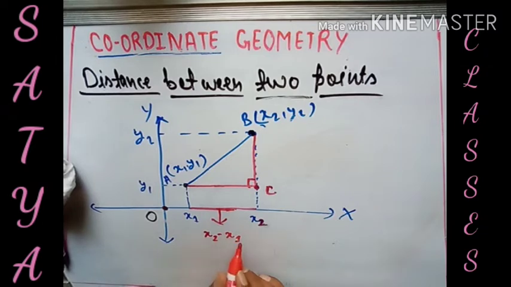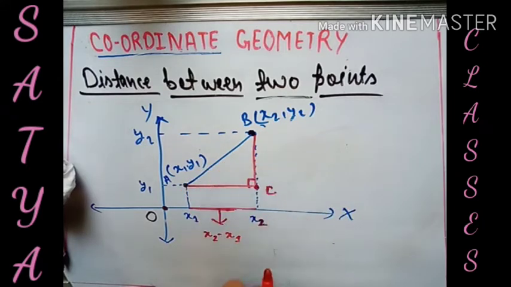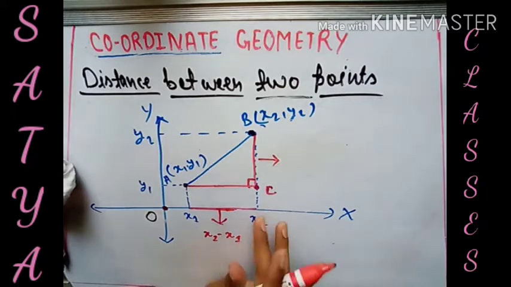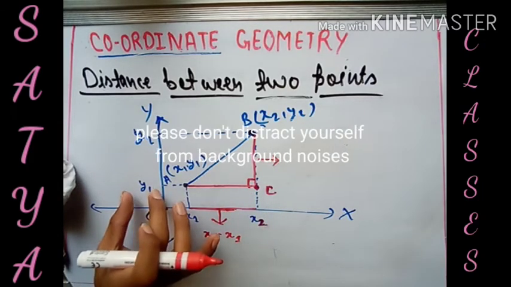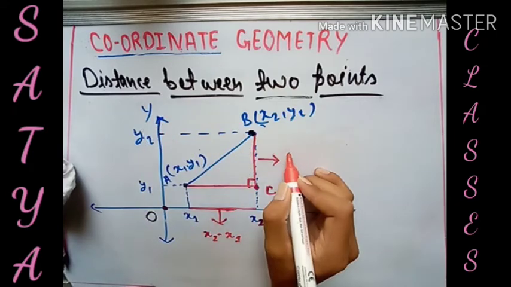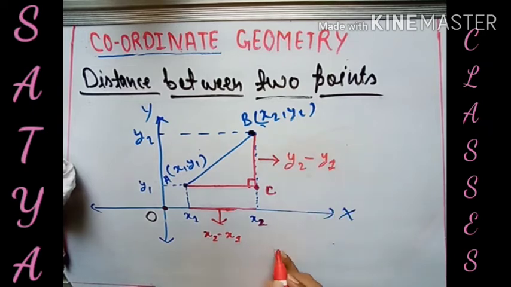This is so easy. I told just 2 minutes before this is how to do. Understand? Now for this, look here, this distance is y1 and y2. So the distance between y1 and y2 is equal to y2 minus y1.